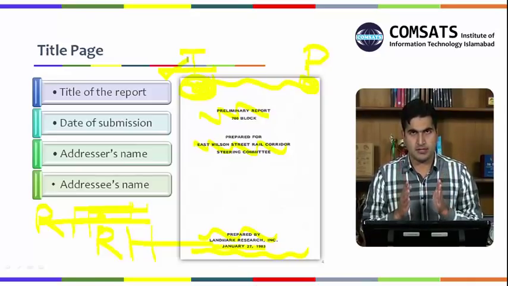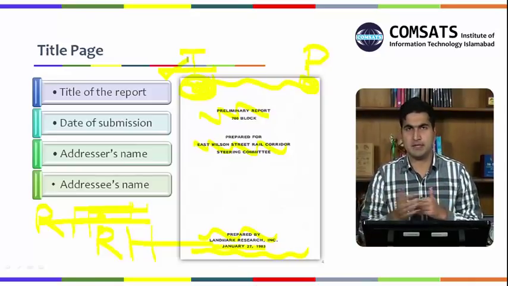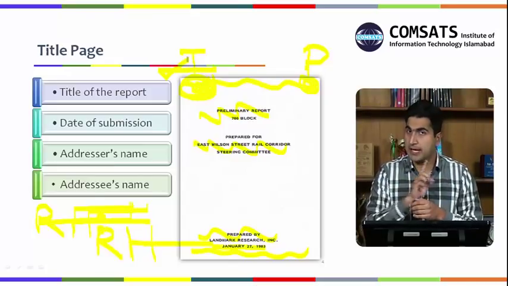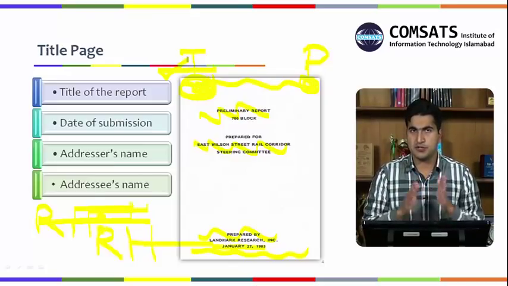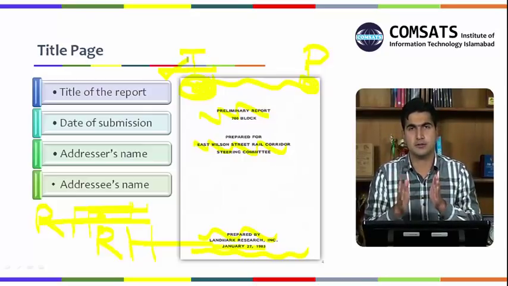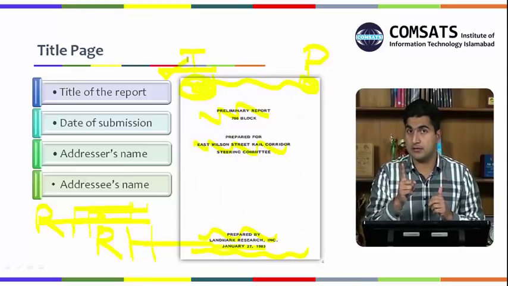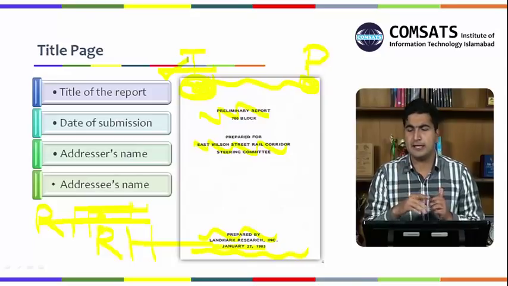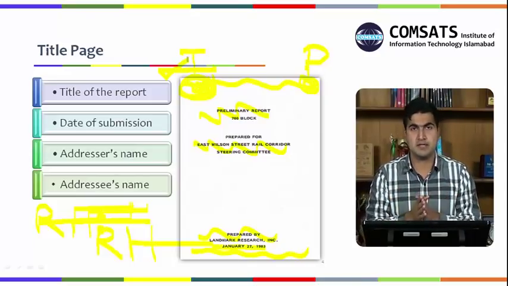Once you move ahead to the following pages, you have to remember that the running head expression is no longer required at the top left. The only thing required is the title. Now you're going to write the title, and on the right hand side you're going to have the page number.